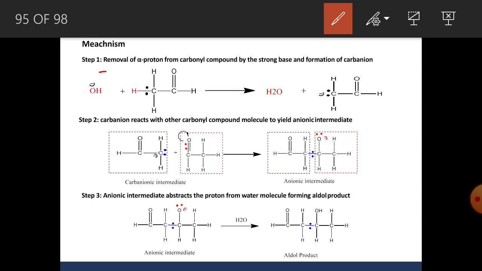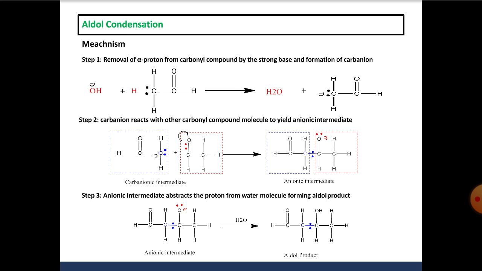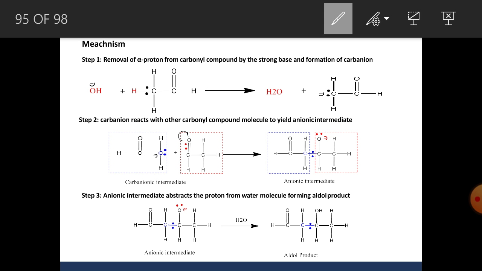So first, a base we are using will abstract this hydrogen as a proton and it converts into a water molecule, while this carbon becomes electron rich, that is a carbanion. Now this carbanion reacts with a second molecule of acetaldehyde. So here you can see one carbon is electron rich. Why is it electron rich?